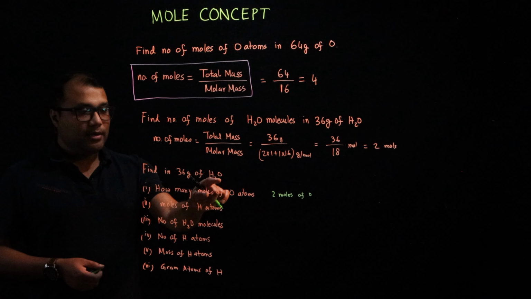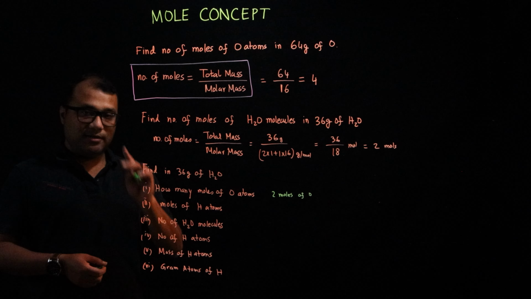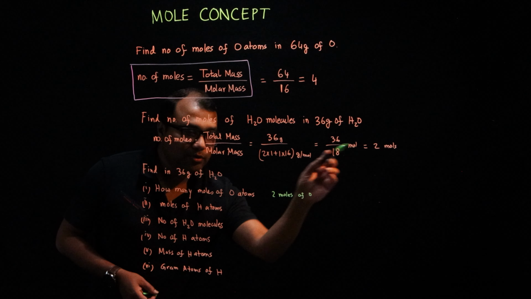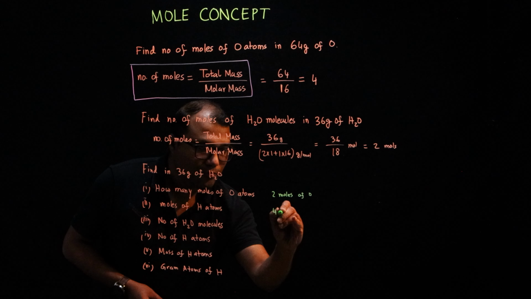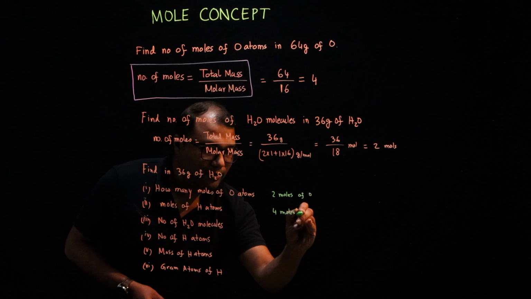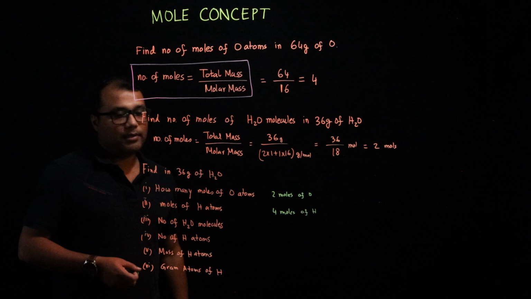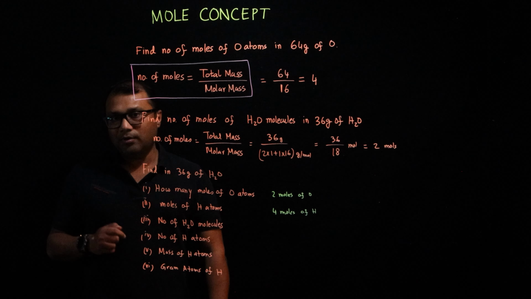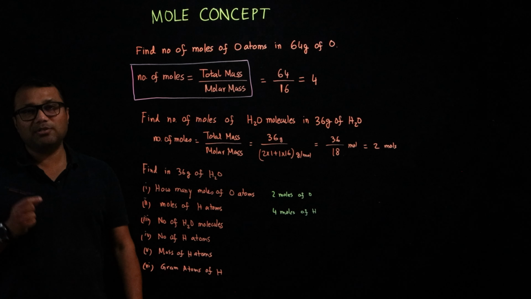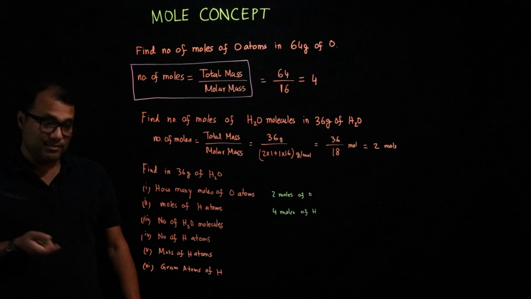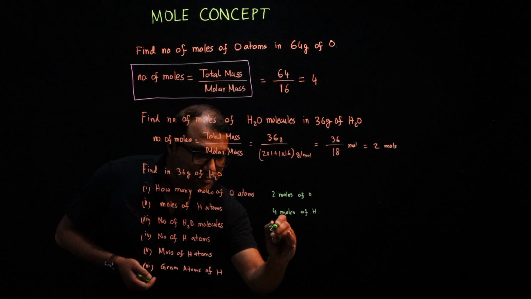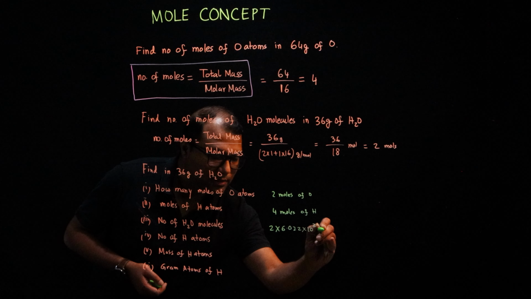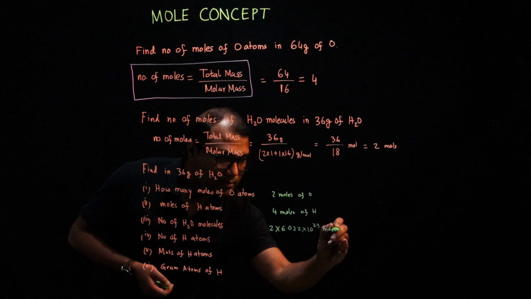For each molecule of H2O there are 2 atoms of hydrogen, so it will be 2 moles times 2, which is 4 moles of hydrogen. Number of H2O molecules: each mole is 6.022 into 10 to the power 23 molecules. So in 2 moles it will be 2 times 6.022 into 10 to the power 23 molecules.